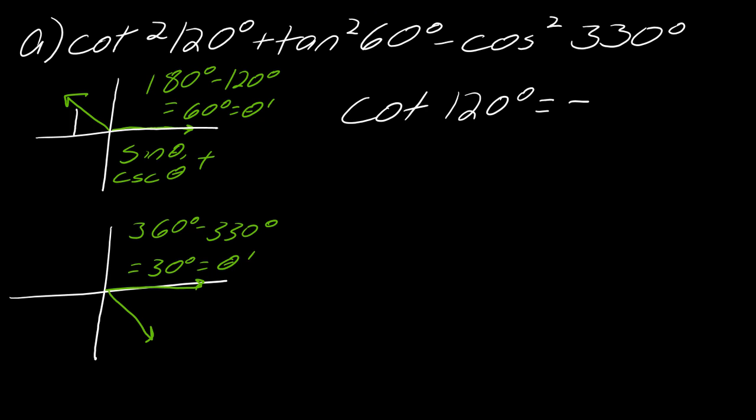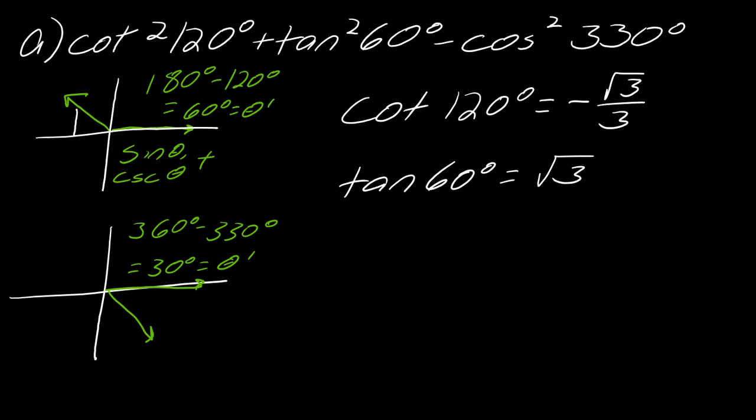Okay, so like we said, cotangent of 120 degrees. So that is going to end up being something negative, and so this comes out to then the square root of 3 over 3. Tangent of 60 degrees, so this is going to be the square root of 3. And this is positive because we're in the first quadrant.